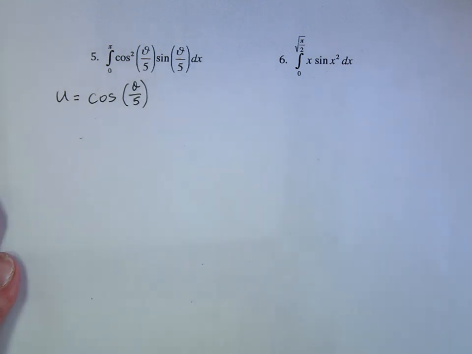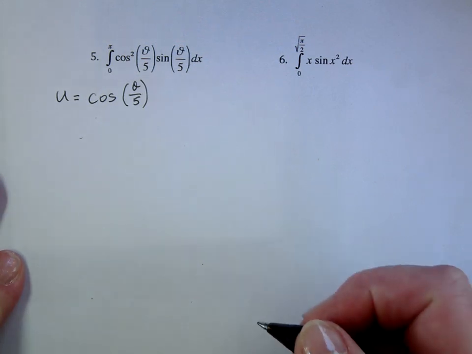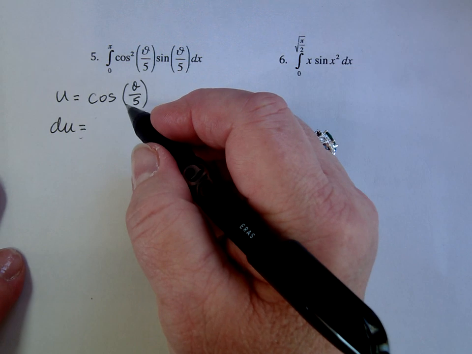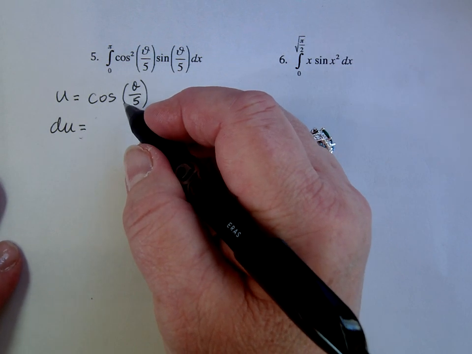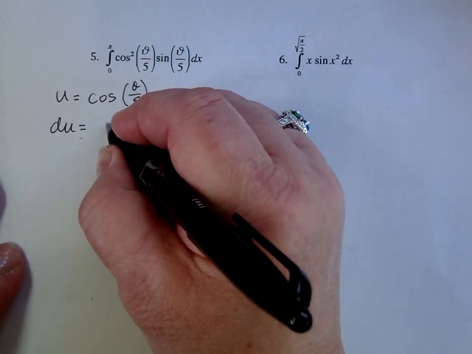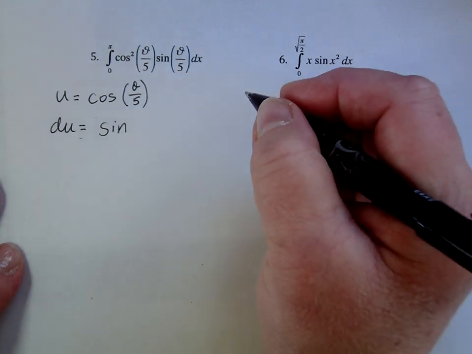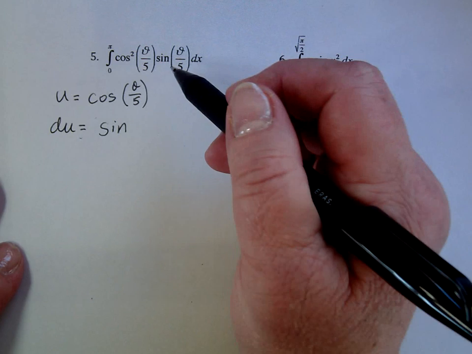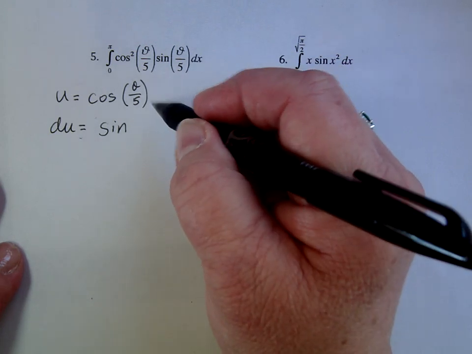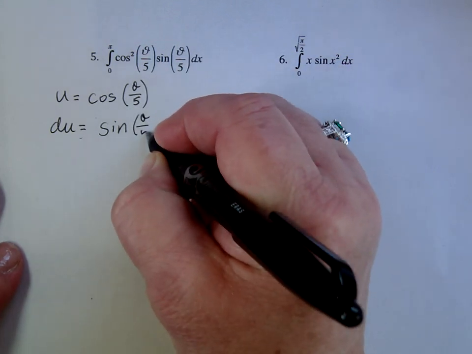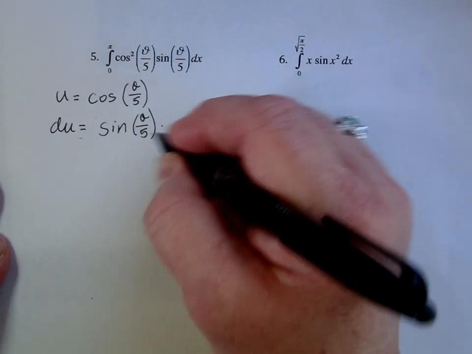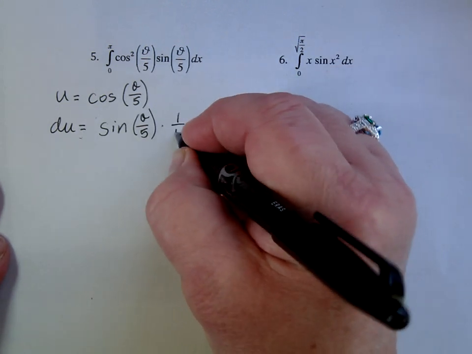All right, there's my u. Let's go du-ing. If I du this guy, the derivative of cosine is a sine. And it is of the same angle, theta over 5. And then I have to multiply by the derivative of the angle. Well, that would be the 1/5 coefficient that's on it.